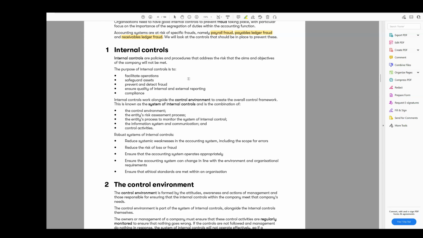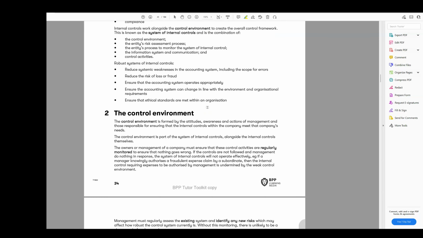This is known as the system of internal control, and it is the combination of the control environment, the entity risk assessment process, the entity process to monitor the system of internal control, the information system and communication, and the control activities. So this all comes under internal control.